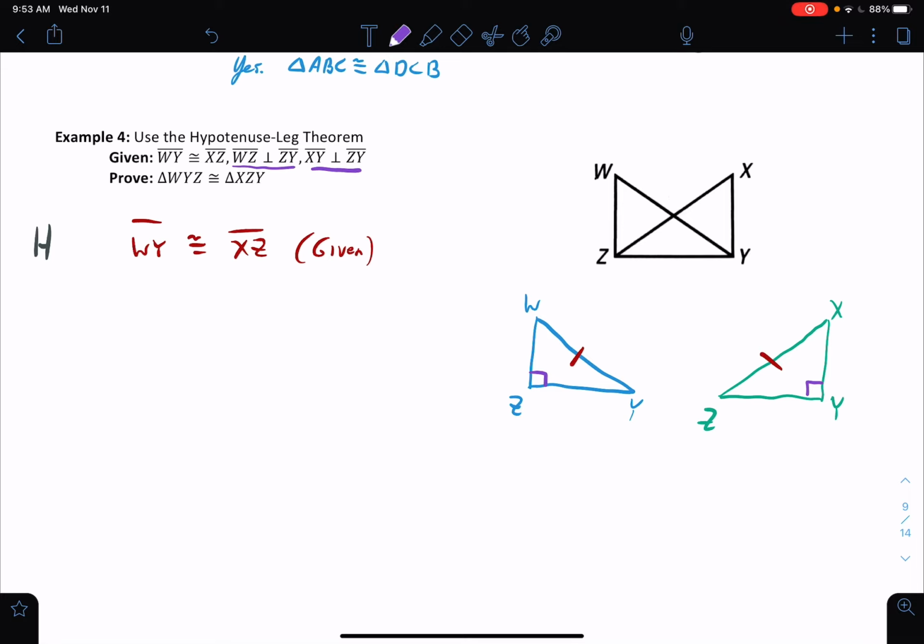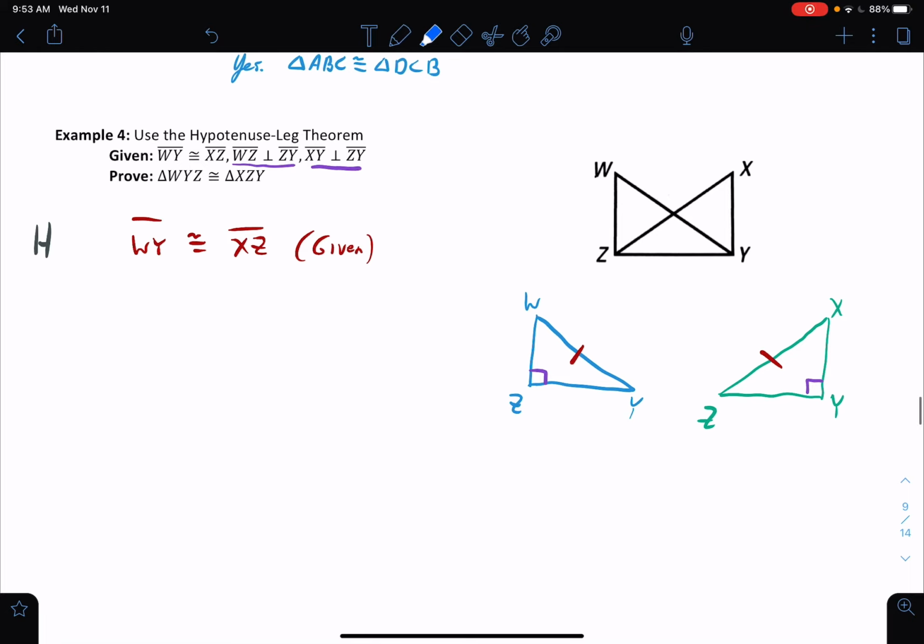That opens up the gate so that I can use hypotenuse leg. One of my givens, WY congruent to XZ, tick marks, already tells me that I've got the hypotenuse congruent. So now I just need to figure out, okay, why is one of these legs congruent to each other? All right, is there anything that shows me that WZ and XY are congruent? Maybe not. Okay, what about the other leg?